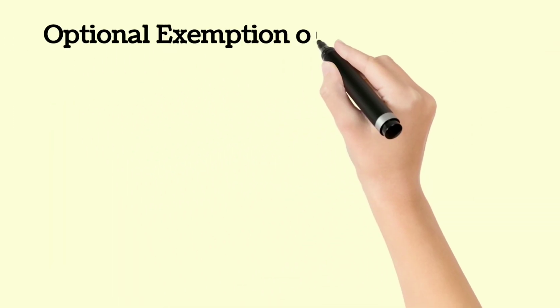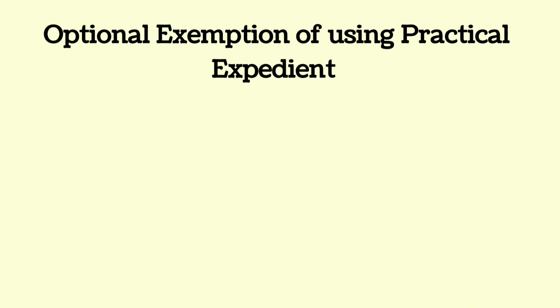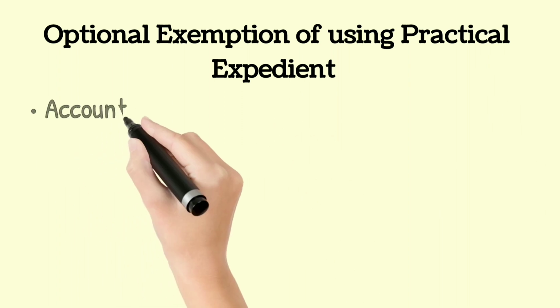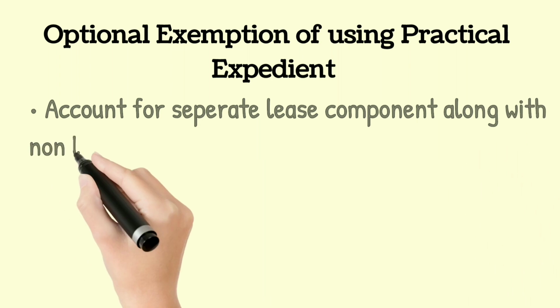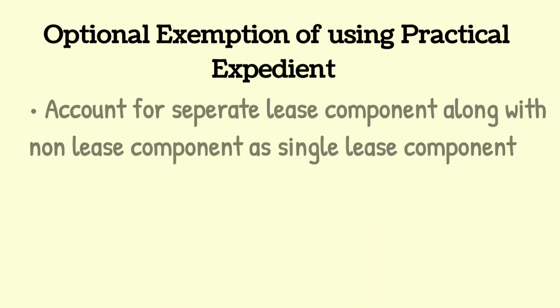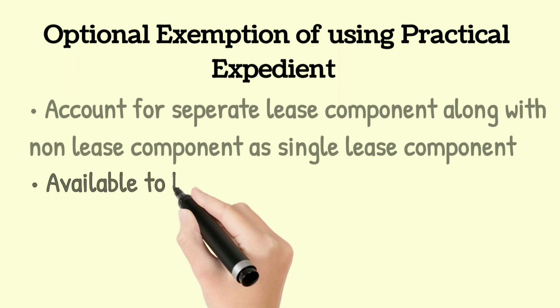But this Ind AS has also provided a practical expedient which permits the lessee to make an accounting policy election where it can account for each of the separate lease components and non-lease components as a single lease component. And this relief is given only to the lessees and not to the lessor.